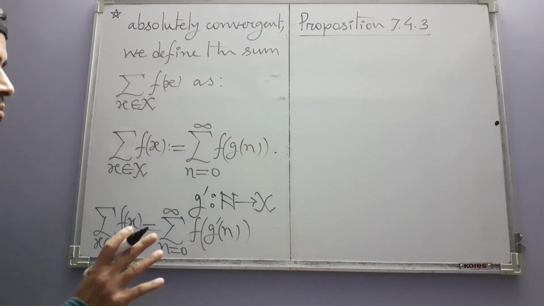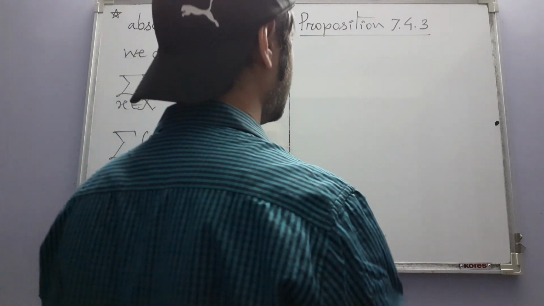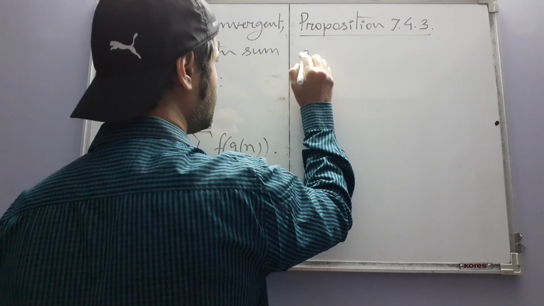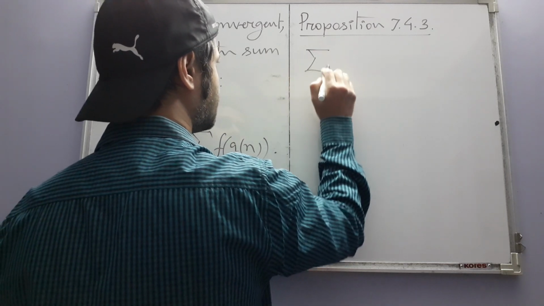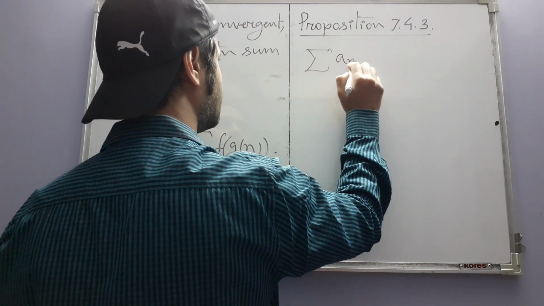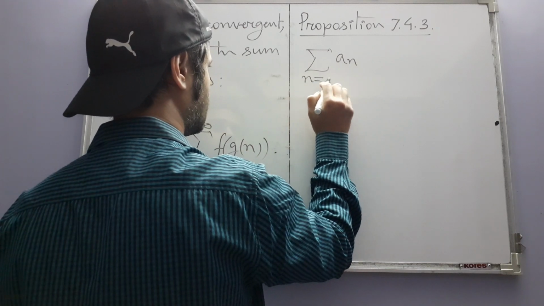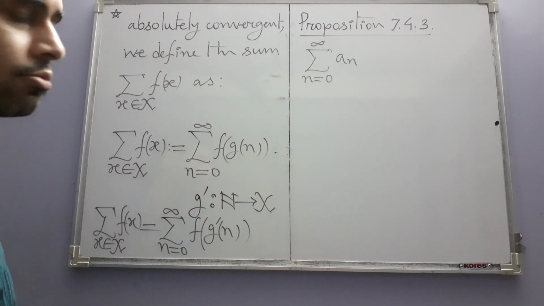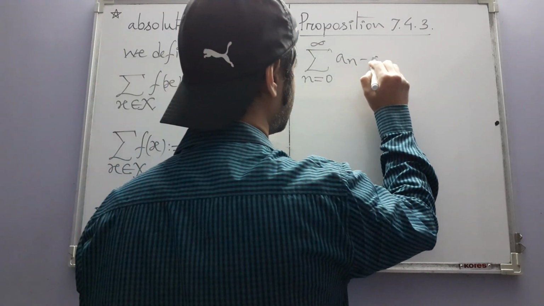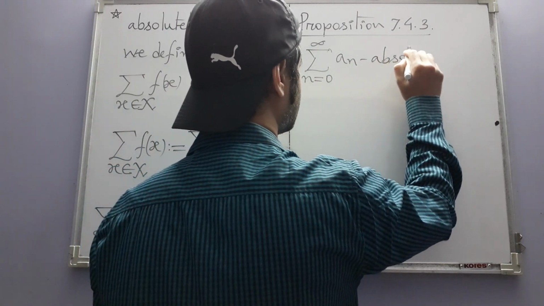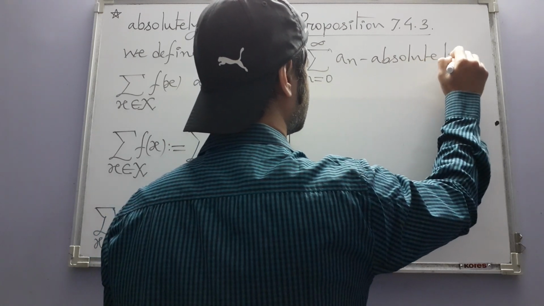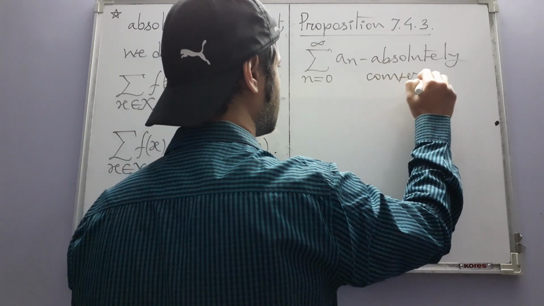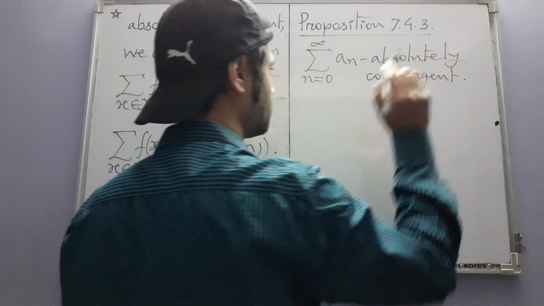So briefly, let's just recall the statement of this proposition. What it said is this: say we have an infinite series of real numbers that is absolutely convergent.